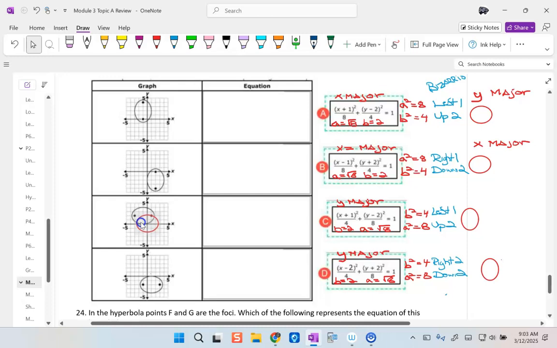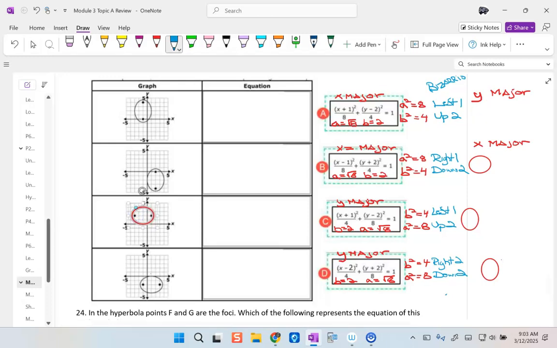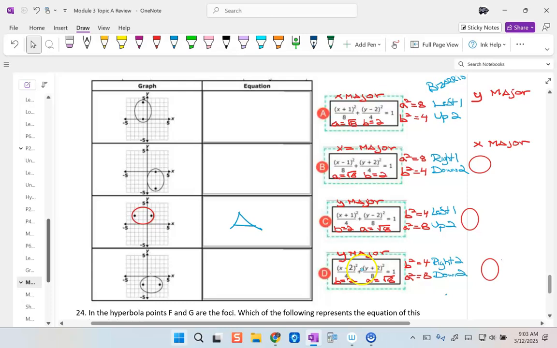For A, I would move it left 1, and I would move it up 2. So I know A has to go there, which means this one's got to be B because it's oriented the right direction.